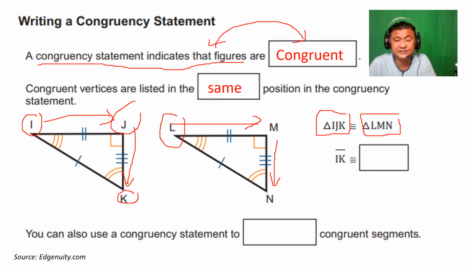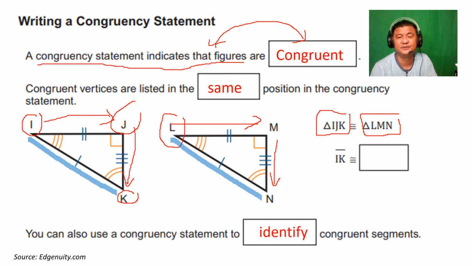Now, same with the segments. I could call this segment IK. Where is IK? This is IK. Will I name this NI? Will I name LM or MN? If I started with I, I will also name this starting with L, LN. So I could write this now.